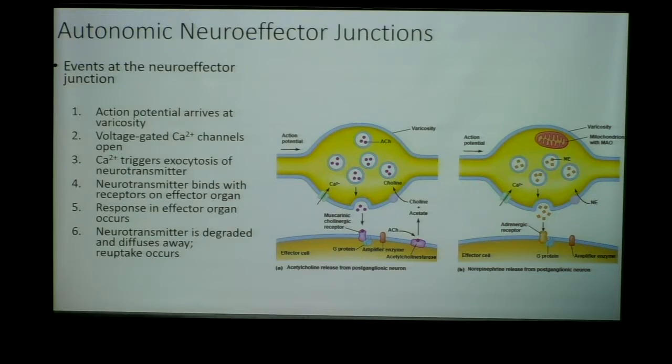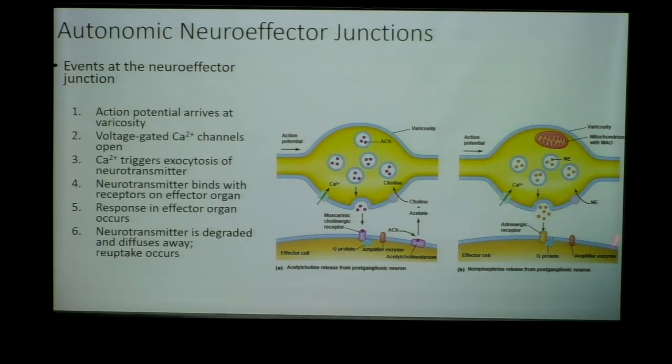Now, when this neurotransmitter is released, it's going to cross the cleft and bind to one of the receptors we just talked about, either an adrenergic receptor or a muscarinic receptor. Right, so it's going to bind to this muscarinic receptor here, and that will elicit the pathway that we talked about, okay?